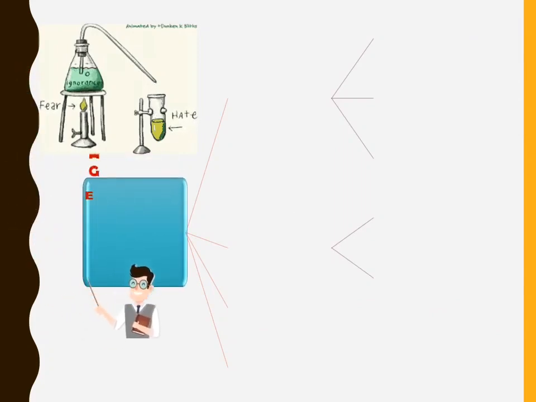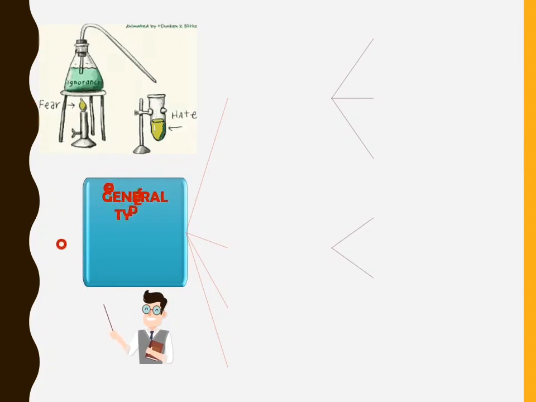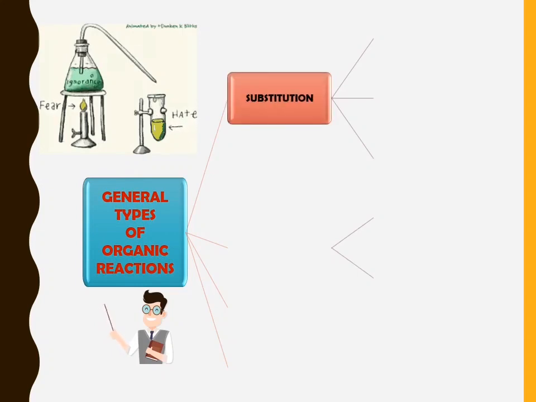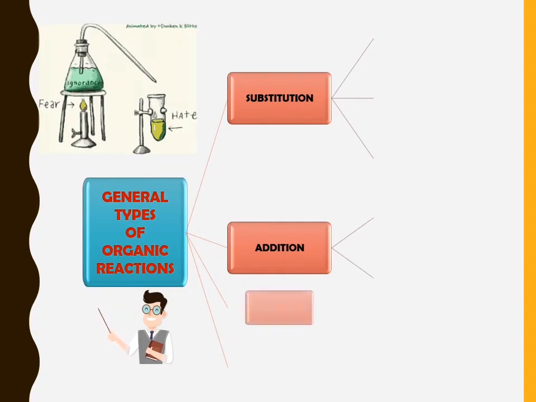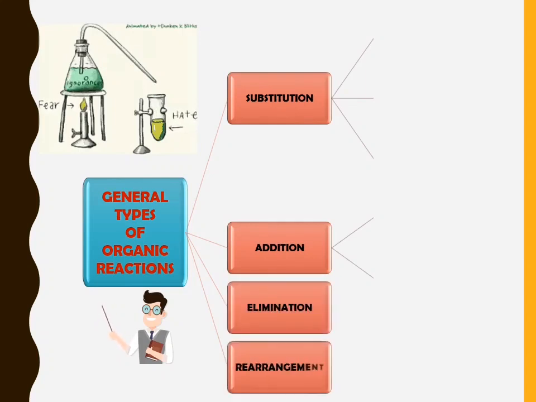Here is the general types of organic reaction. In organic reaction, we have four main types of reaction. The first one, we have substitution reaction. Next, addition reaction, elimination reaction, and the last one, we have rearrangement reaction. In substitution reaction, we can divide the organic reaction into three parts.